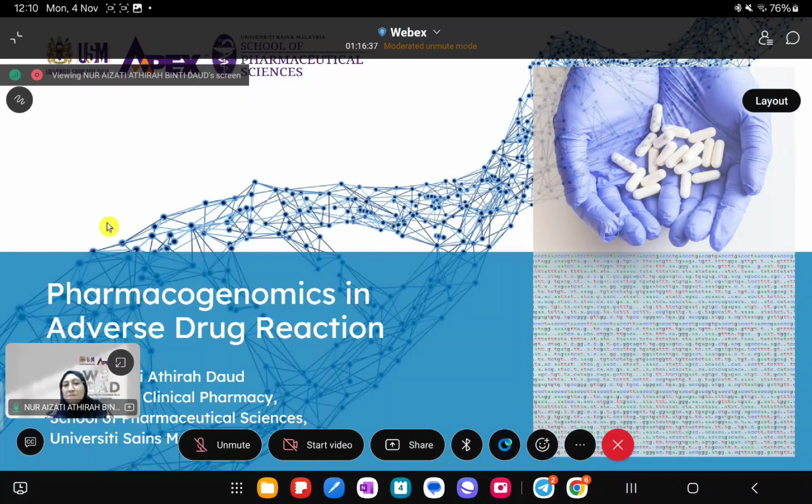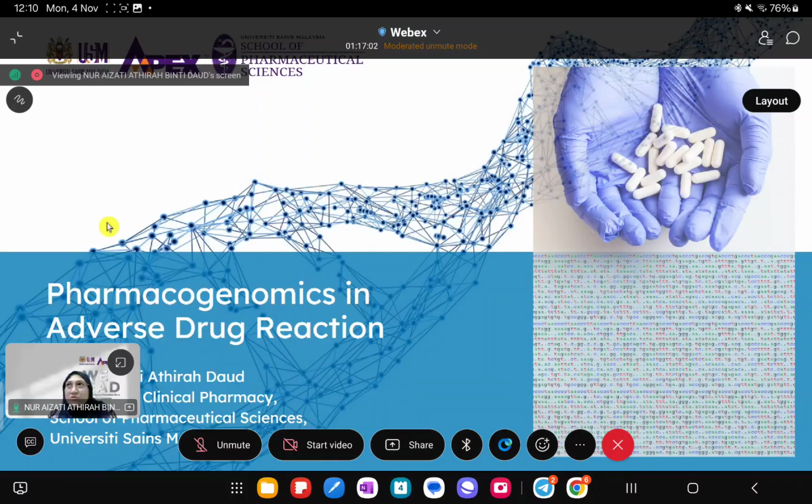But we give him the similar drug that we usually give to other patients as well. But then tiba-tiba this patient is admitted with severe rash, Stevens-Johnson syndrome, and then dapat complication, and then the patient dies from it.